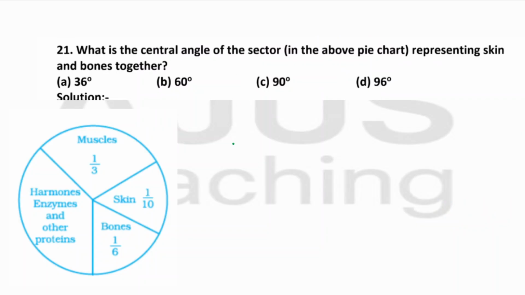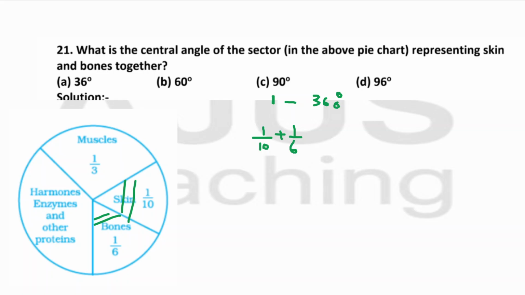Resume. Okay, let us solve this question. What is the central angle of the sector representing skin and bones together? Skin is this one, skin and bones together. Okay, so skin and bones is comprising 1/10 plus 1/6. The total is 1. 1 is representing 360 degrees.